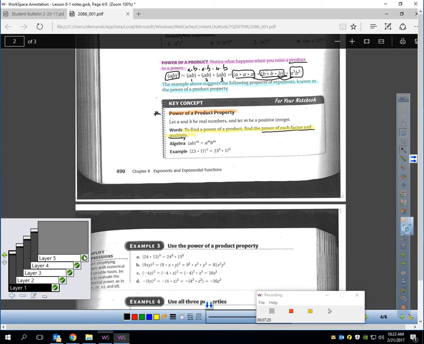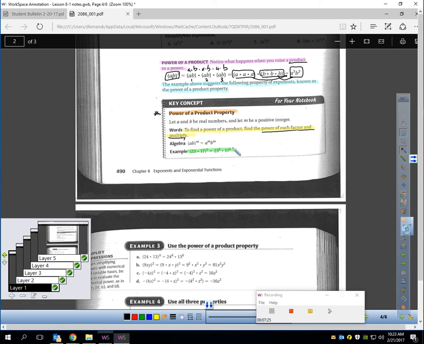So for example, you can see at the bottom here, we have 23 times 17, a product raised to the 5th power. This statement in yellow is saying I need to apply the 5th power to the 23 and I have to apply it to the 17.